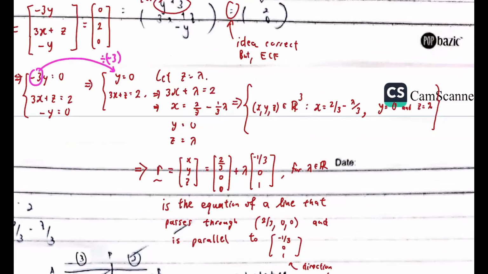But the more important thing here is that after you get to this step, solving for y equal to 0, you have to let z be equal to lambda, where lambda is any real number. Why? Because we don't have enough equations to solve for z. When we have minus 3y equal to 0 and minus y equal to 0, there's no new information given.